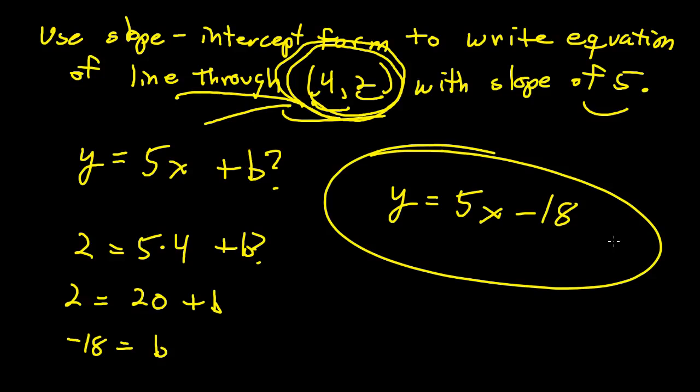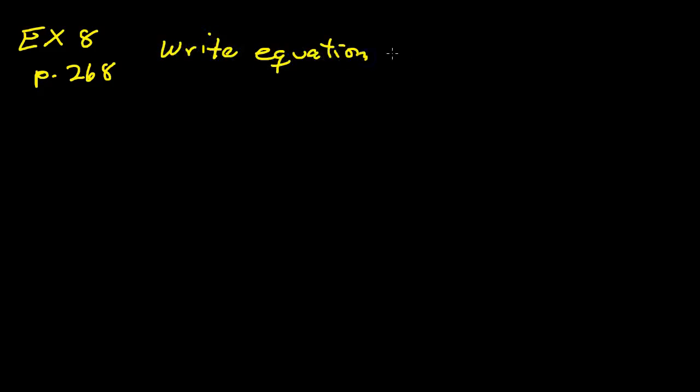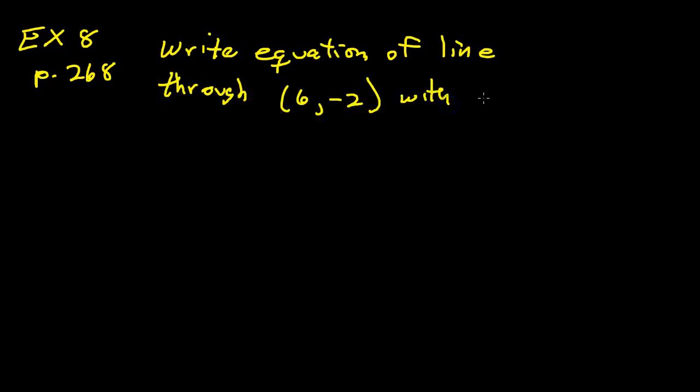All right, let's do some more examples of using slope-intercept form. Next one I want to do is example 8 on page 268. Write the equation of a line through the point (6, -2) with a slope of 2/3.